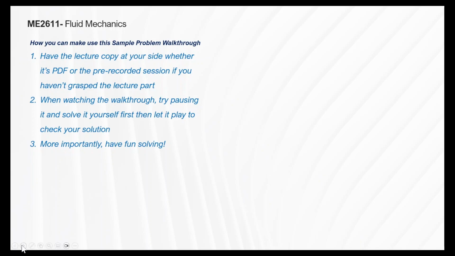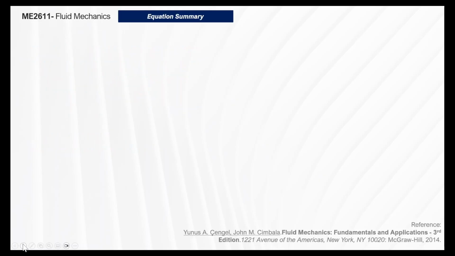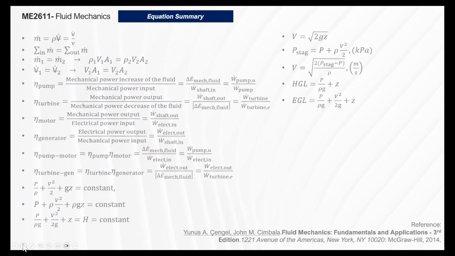Also, I took the liberty of compiling all the formulas related. You can also check them out in our reference book, Cengel, Fluid Mechanics: Fundamentals and Applications, third edition, published in 2014. So you can go hand in hand, or you can print this out and feel free to add more formulas here if I fail to provide the other formulas.